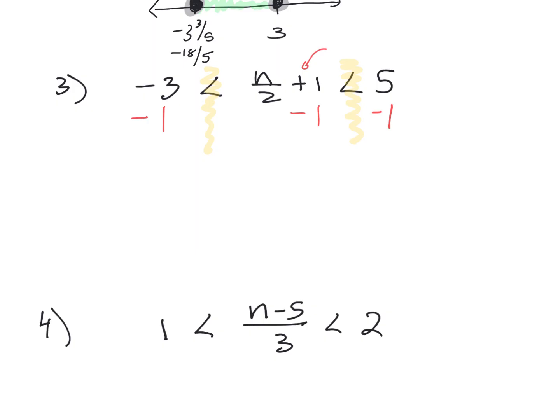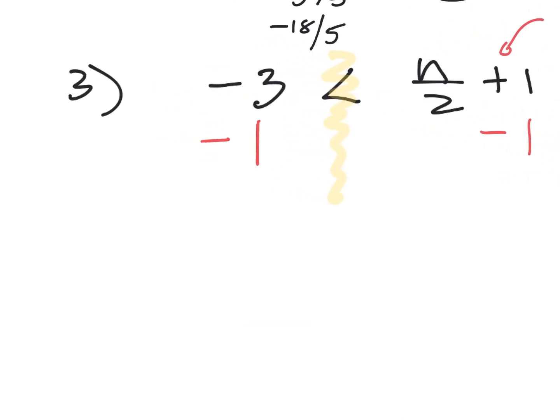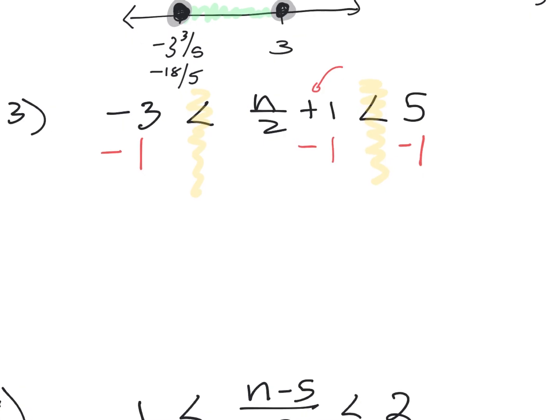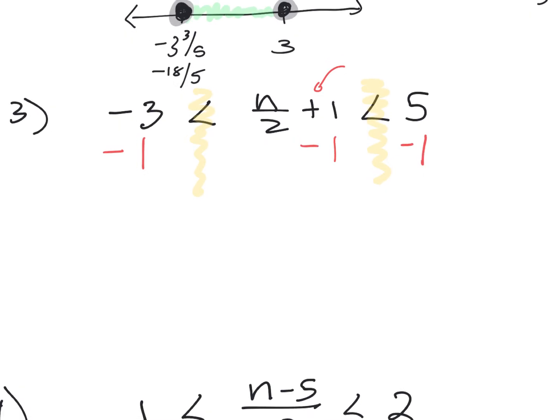So whatever you do to the middle, you have to do to both ends because, again, we're solving this inequality, and then we're solving this inequality. So negative 4 is less than that, zero's out. And 5 subtract 1 is 4. Then don't we undo dividing by 2 by multiplying by 2?